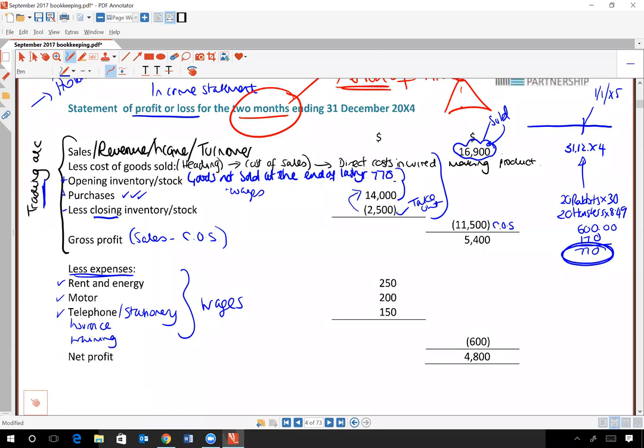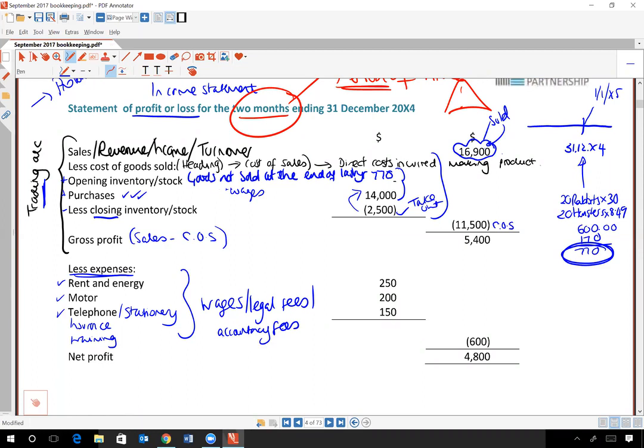I love buying stationery. Insurance. Legal fees. Accountancy fees. And the more experience you get, guys, the more examples you can give.